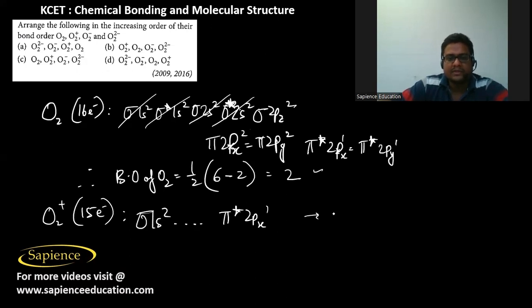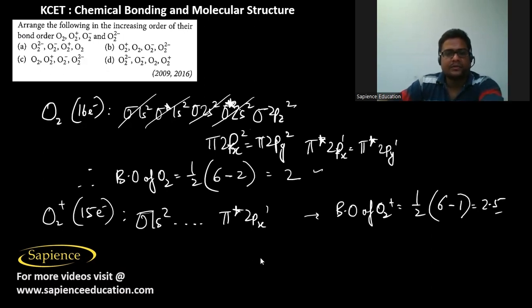So the bond order of O2 plus will be half of, here also it will come sigma 2pz2, pi 2px2. The number of bonding electrons will be 6 and the number of antibonding electrons will be 1. So the bond order will be 2.5 here.